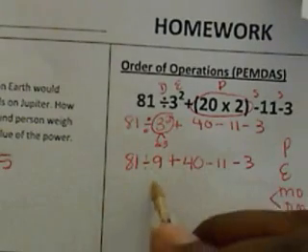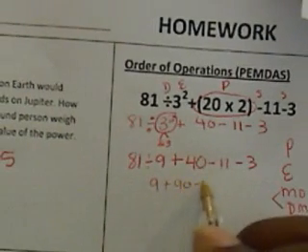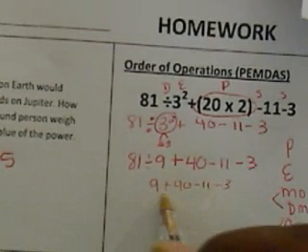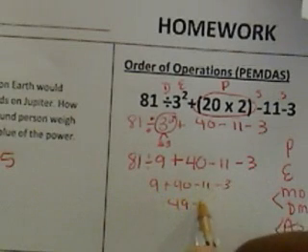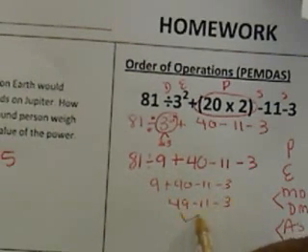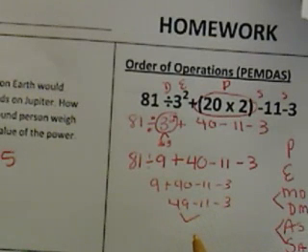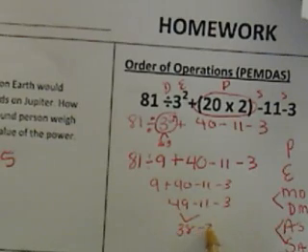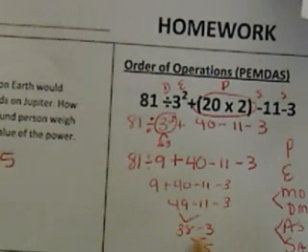Okay, so we got 9 plus 40 minus 11 minus 3. We're going to add. We got 49 minus 11 minus 3. 49 minus 11 is 38 minus 3. 35 is your final answer.